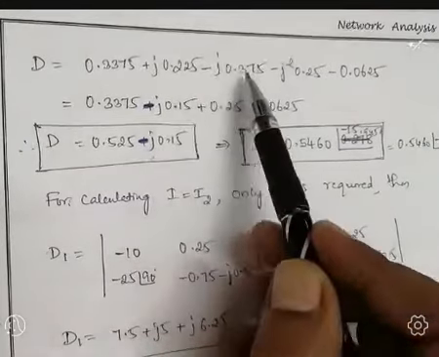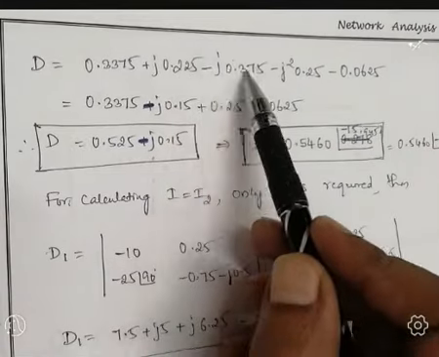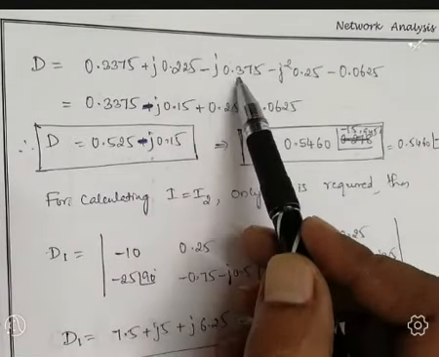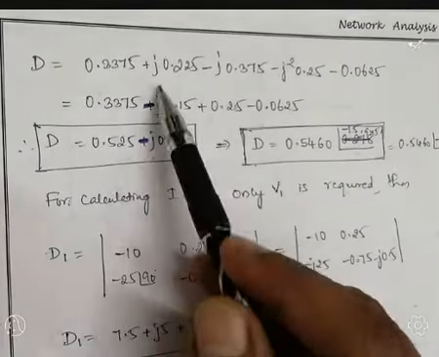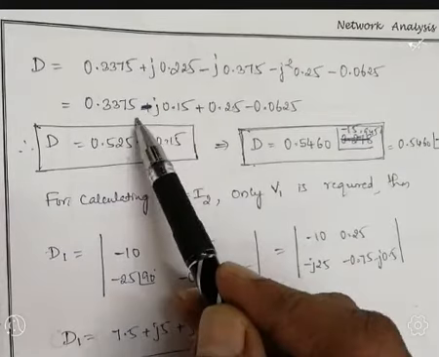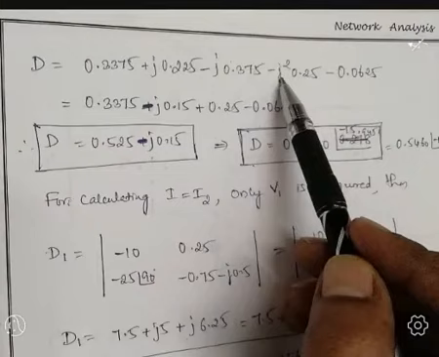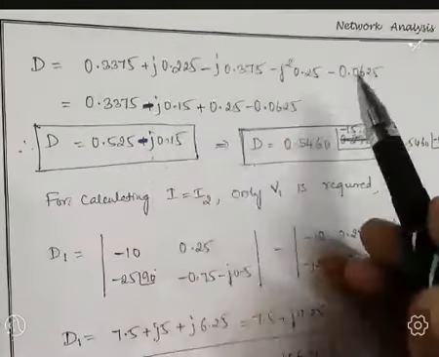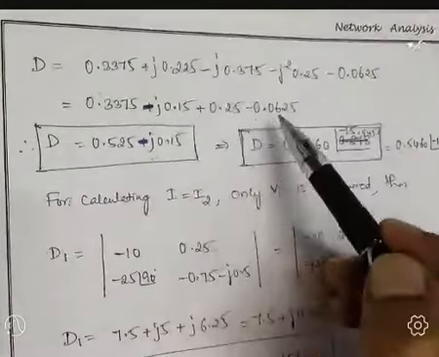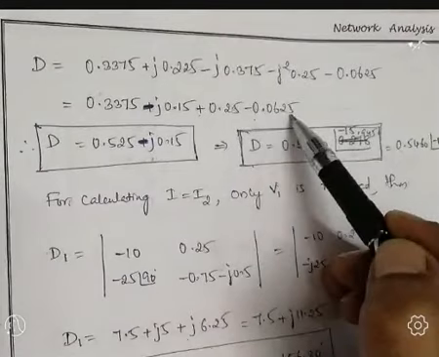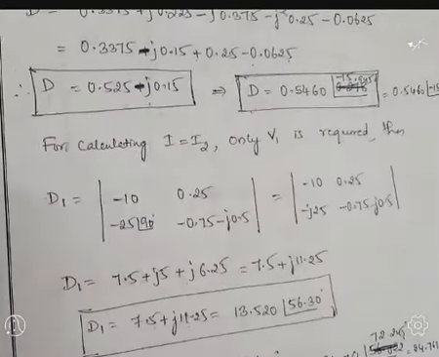This is the biggest one, this is the smallest one, so subtract this one from this. We will get 0.15 because it is plus, it is minus, and we got minus here. Next, j square. J square is minus 1. Minus 1 into minus becomes plus 0.25 as it is. Minus 0.0625.